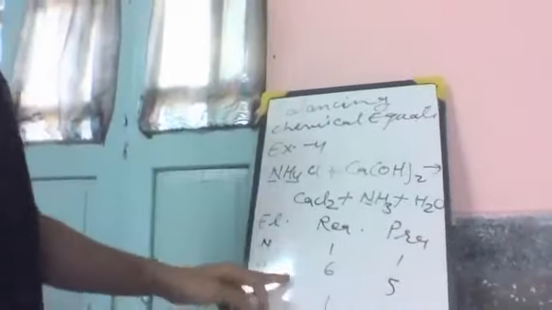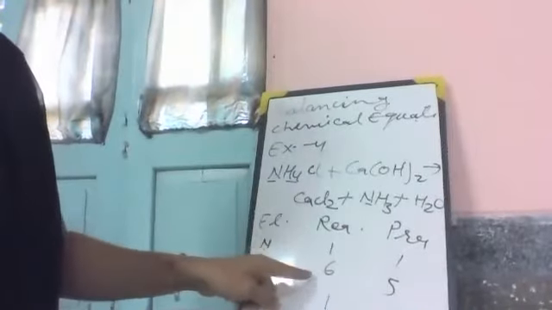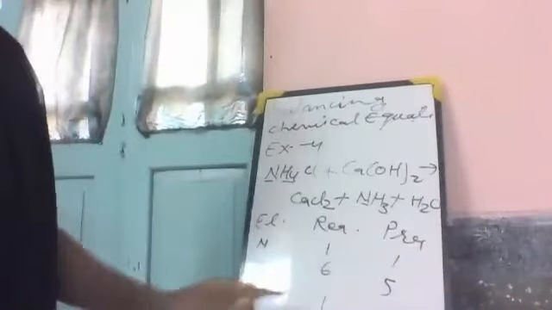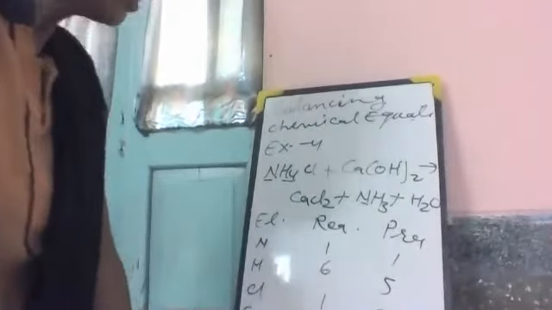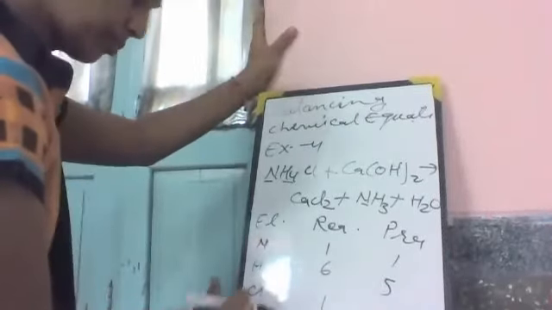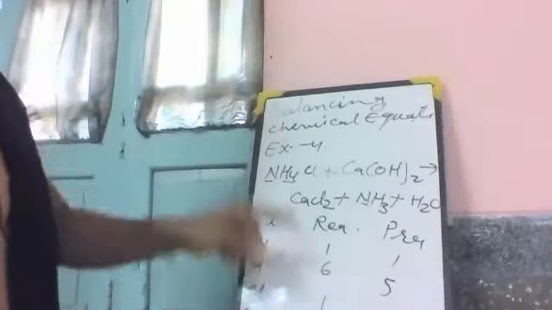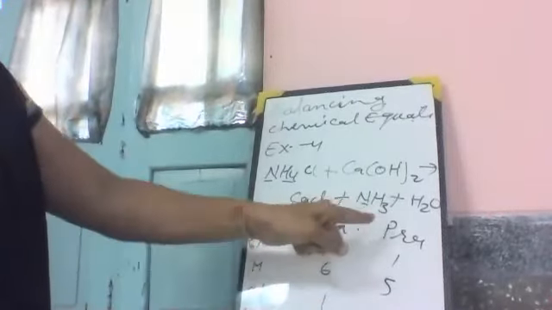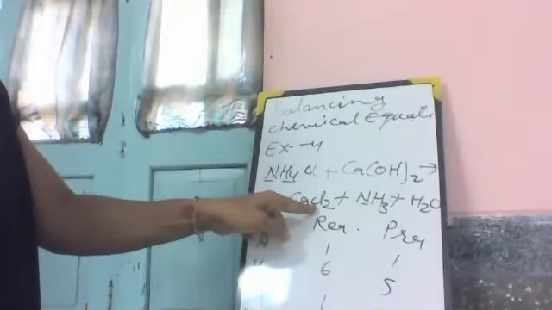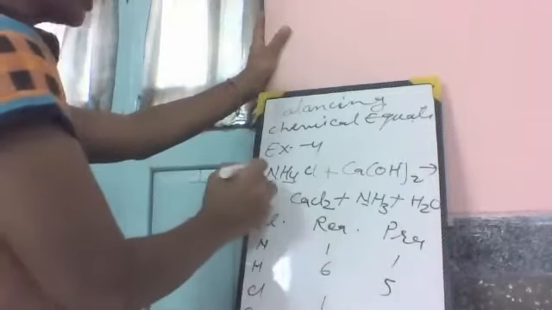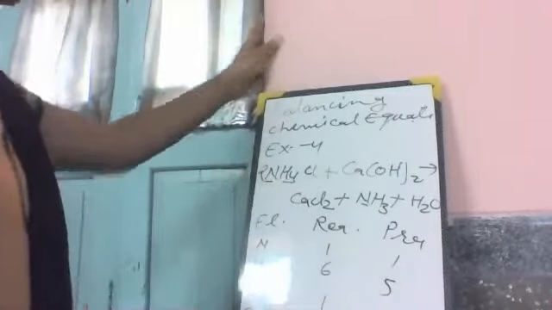The number of hydrogen atoms in this reaction in the reactant is 6 and in the product it is 5. So first we have to balance the number of chlorine. We require one more chlorine atom in the product, so multiply it by 2.